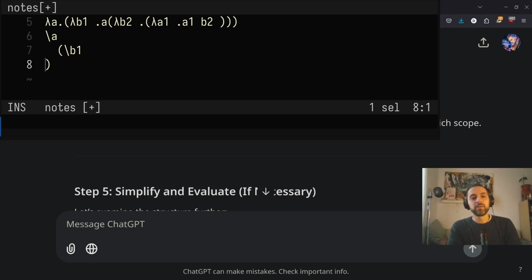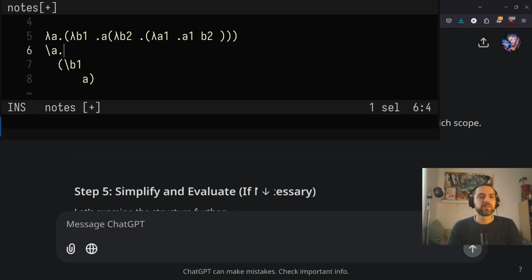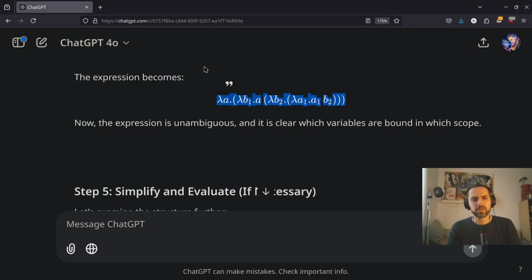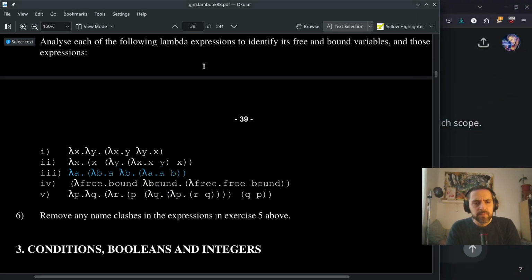B1 dot, right? And now A, let's do the dots here also. So this is the dot. Lambda B1 dot. Is it dot? Lambda A, lambda B dot A, and lambda B dot.